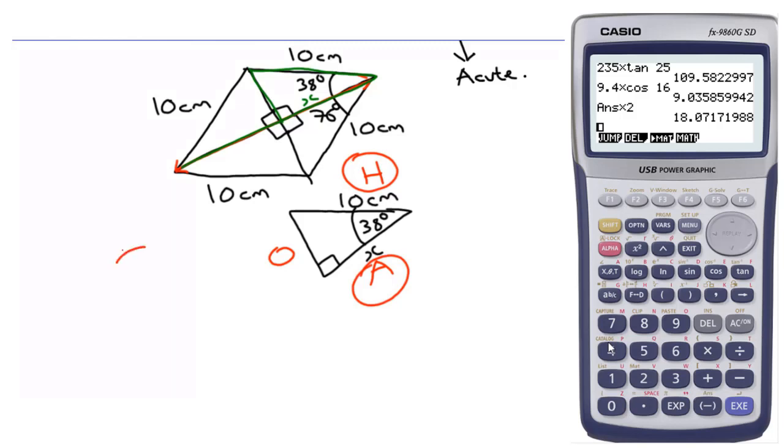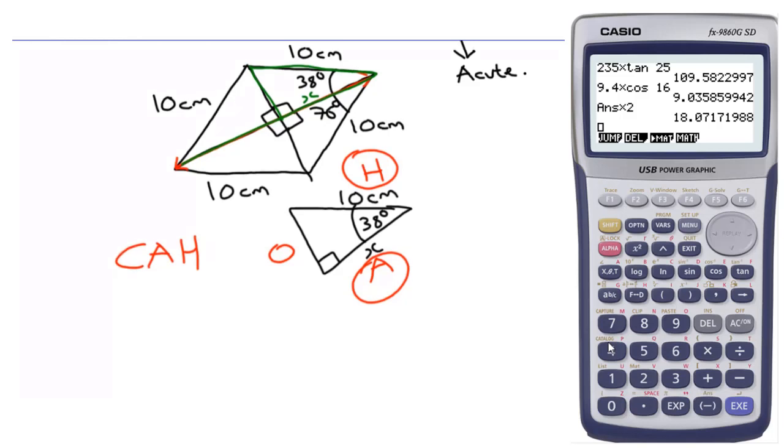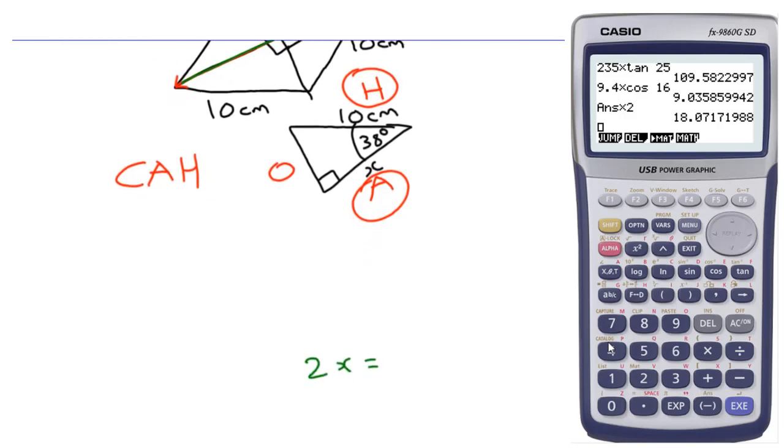AH is CAH, which means cos. Remember what CAH means? CAH means cos angle equals adjacent over hypotenuse. The angle in this case is the 38, equals A over H. Well, A is x, over H is 10.